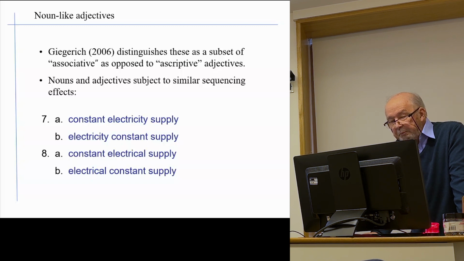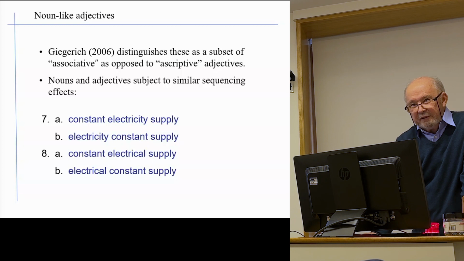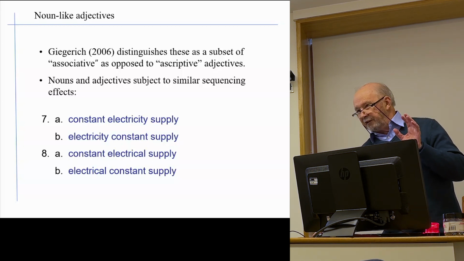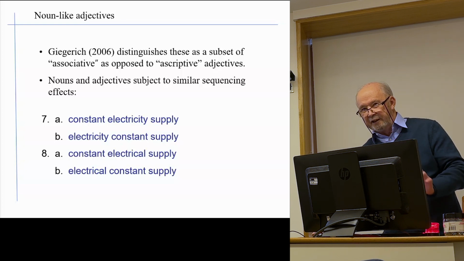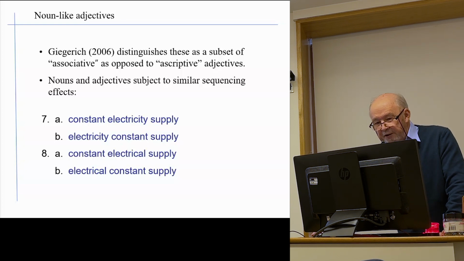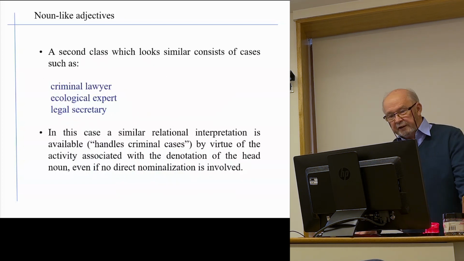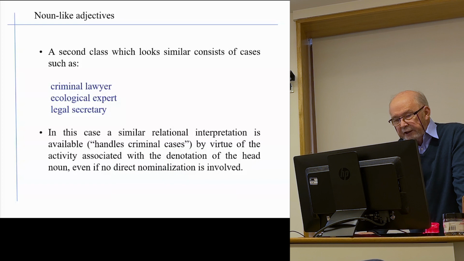Constant electricity supply, not really electricity constant supply, constant electrical supply, and not electrical constant supply. Okay, Heinz likes to think of these things like electricity supply as being rather more like compounds rather than anything else. I'll come back to that, but that is the sort of ordering constraint, supposedly.